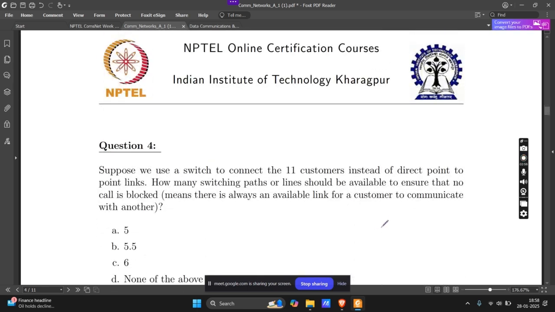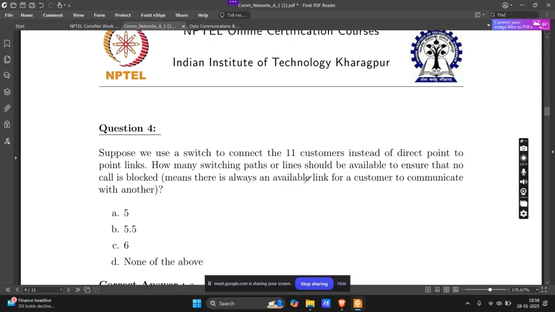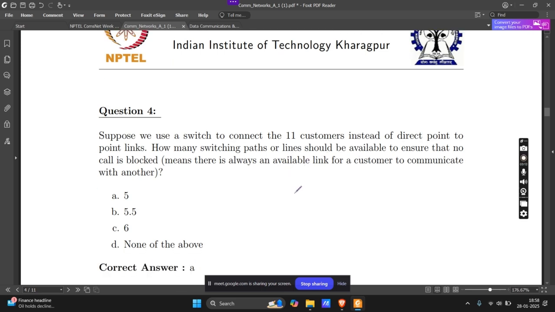Next, suppose we use a switch to connect 11 customers instead of direct point-to-point links. How many switching paths or lines should be available to ensure that no call is blocked? Now this is a bit complicated. There are 11 customers who are connected.